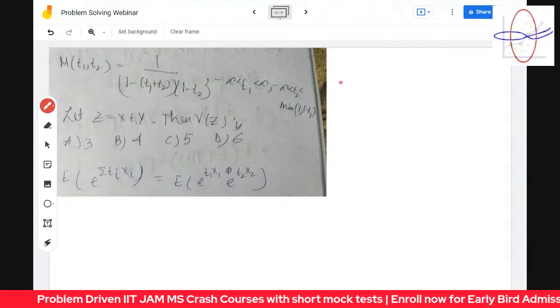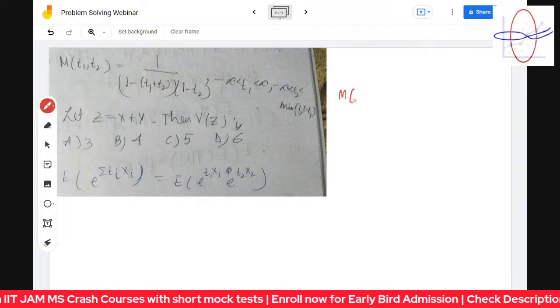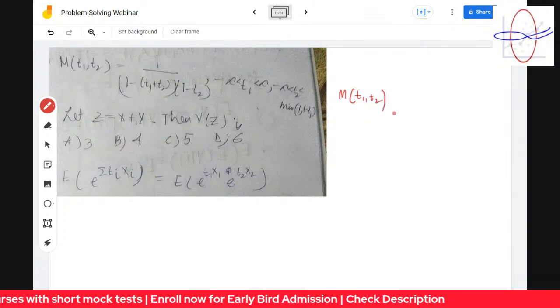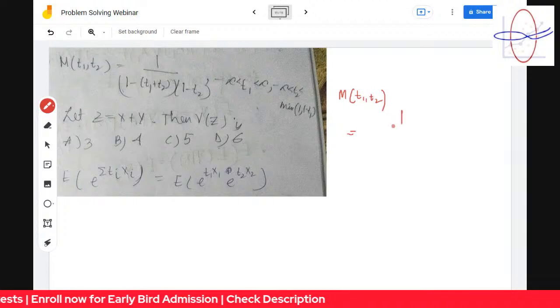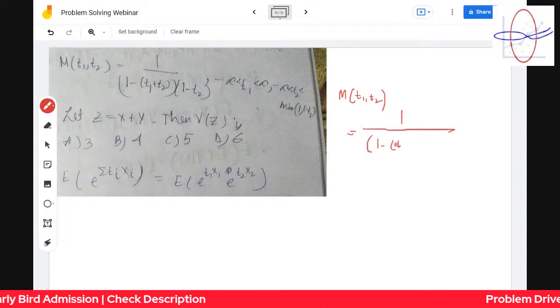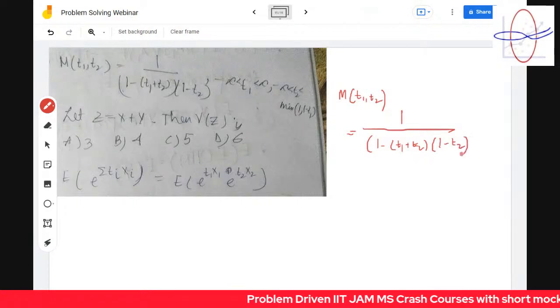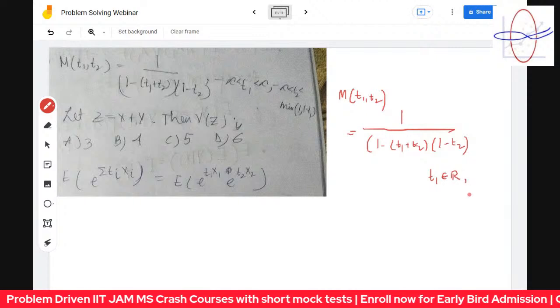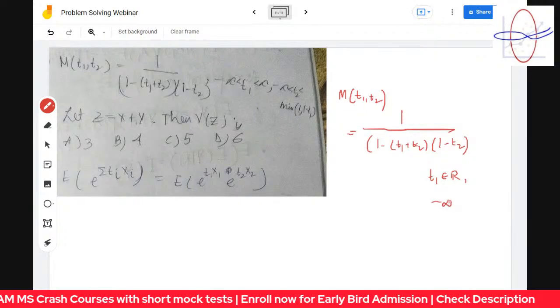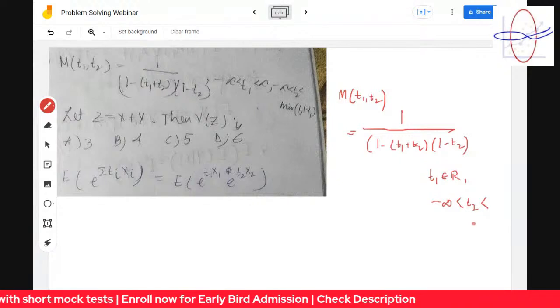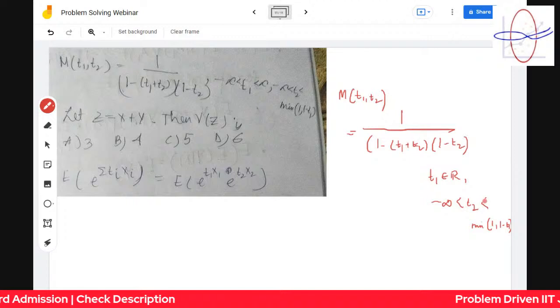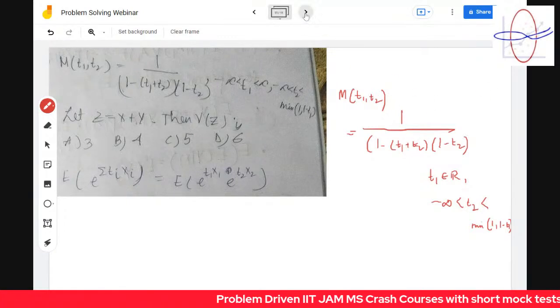It's given that M of t1, t2, the moment generating function of two random variables X1 comma X2, is 1 minus t1 plus t2 into 1 minus t2, where t1 is any real number and t2 is less than the minimum of 1 comma 1 minus t1. Then Z is equal to X plus Y. Okay, so let me write it down properly.